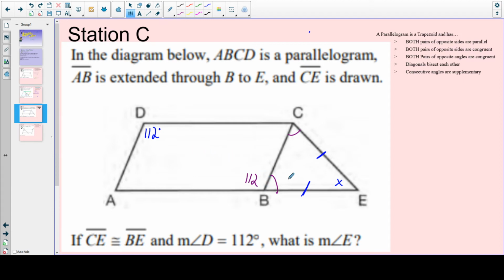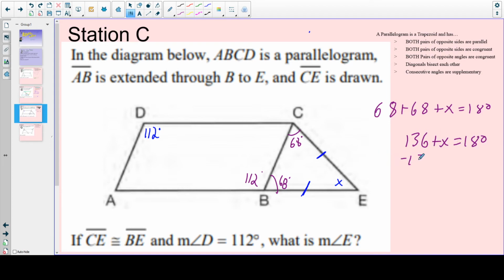By a linear pair, if I want to find this angle over here, I can do 180 minus 112, and I get 68 degrees. But if this is 68, this is also 68. And if I want to find the third angle of a triangle, I can just add it up. So 68 plus 68 plus x equals 180. 68 plus 68, that's 136.